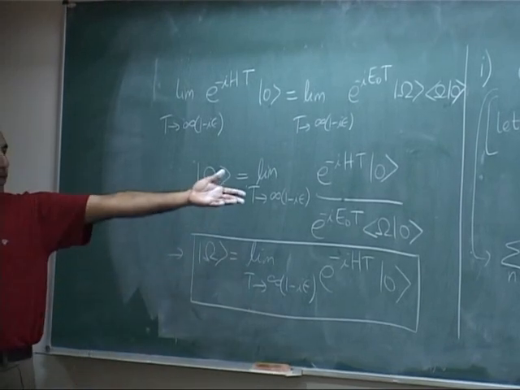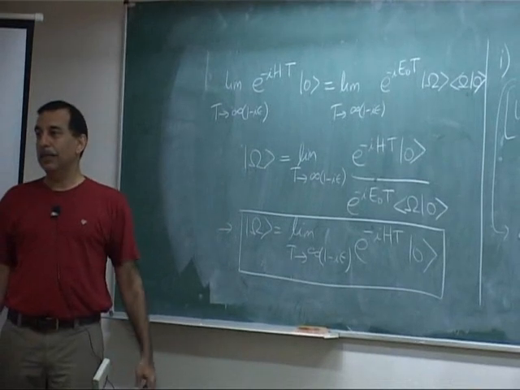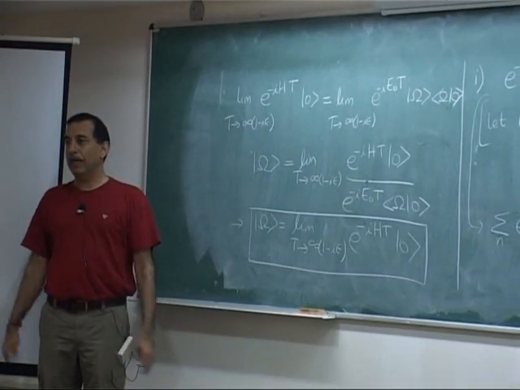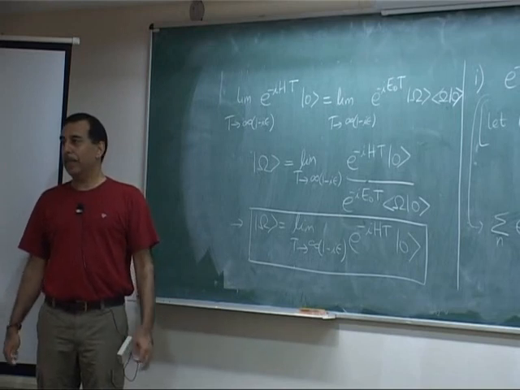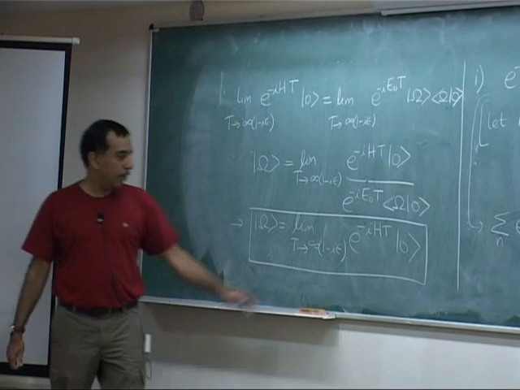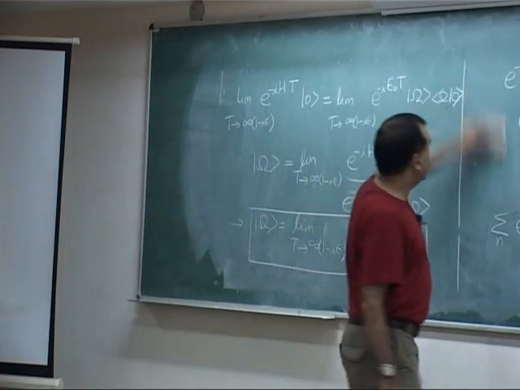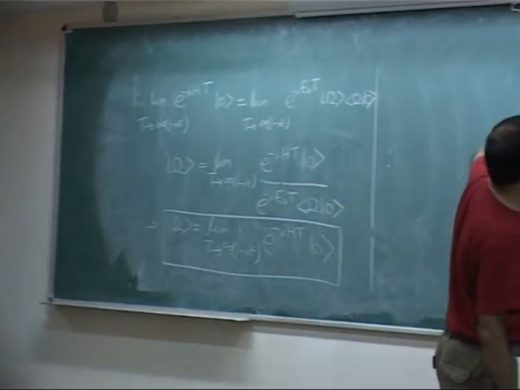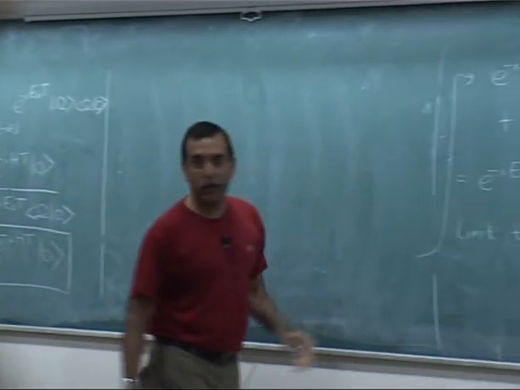To get this statement, I simply dropped the denominator. I dropped it in the confidence that we'll put back normalizations when we get our final answer. So this solves problem 1, which is to express omega in terms of the free vacuum 0.